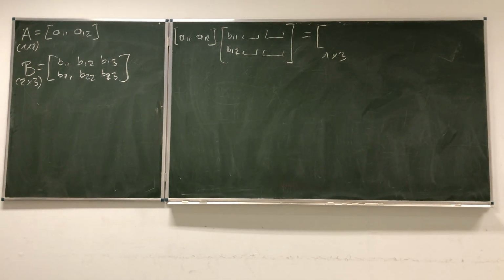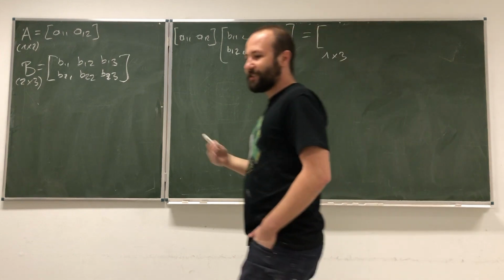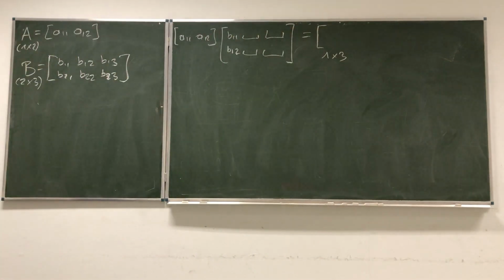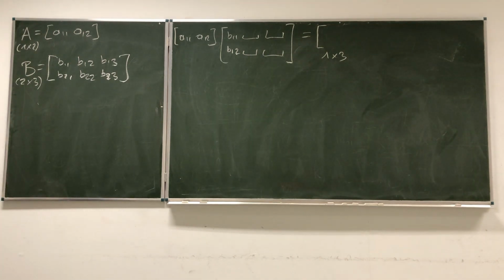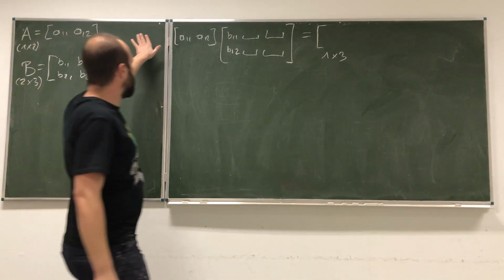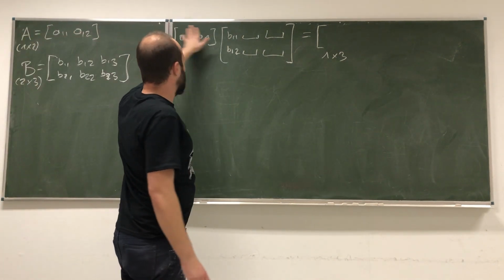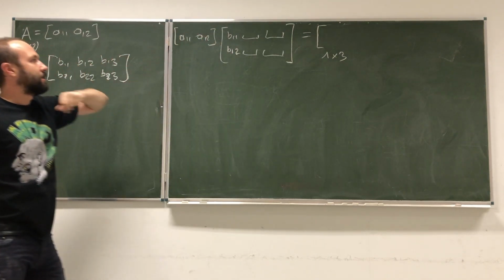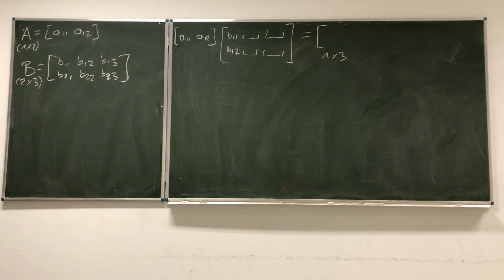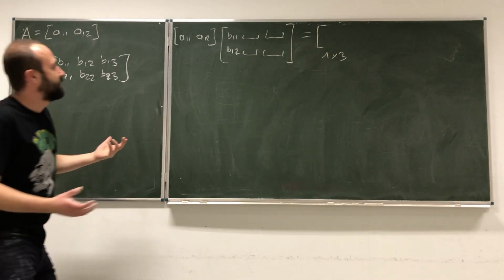So, how do we multiply matrices? Look, the entire idea of matrix multiplication relies on the fact that we always multiply a full row from the first matrix by a full column from the second matrix. And look, it makes perfect sense.